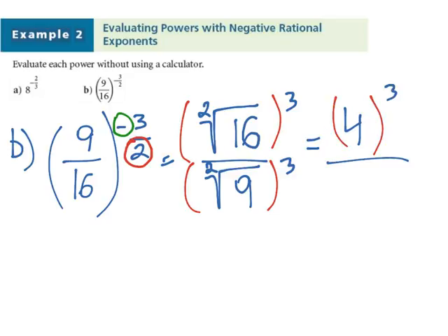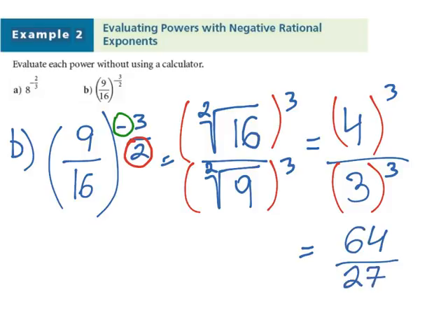Square root of 9 is 3. And don't forget that we still have that power of 3. So the top will be 64, and the bottom will be 27. And there are no common factors with 64 and 27, so we are finished with the question. And 64 over 27 is our answer.